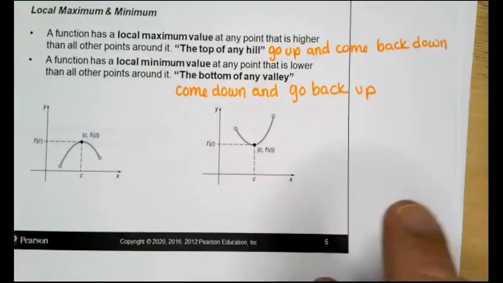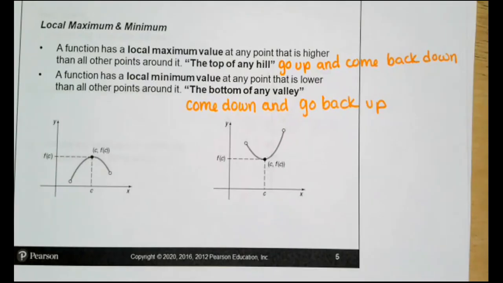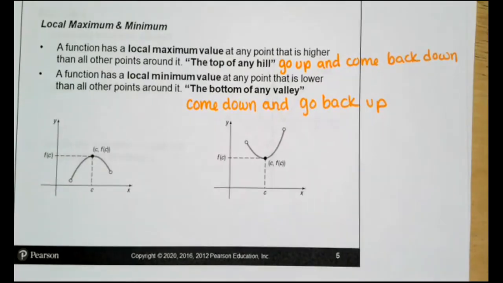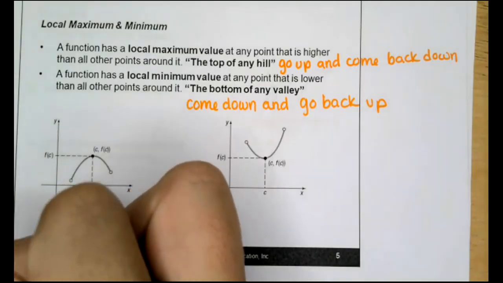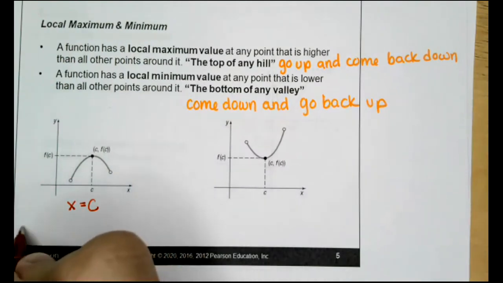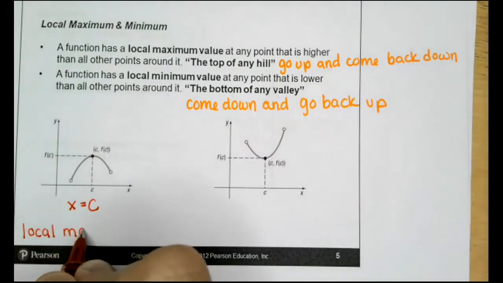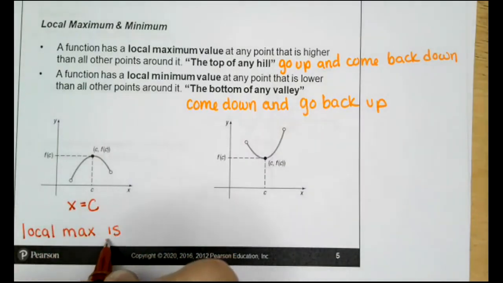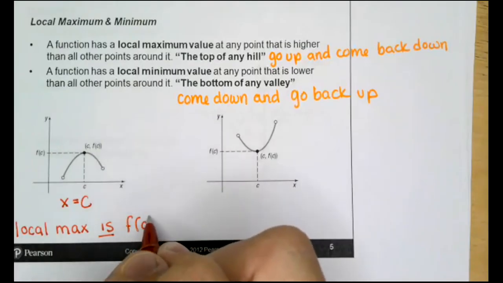So here, there is one point that is locally higher than all the other points, right? We'll say x is c. So where x is c is our local maximum, and the local max is f of c, or y, okay?